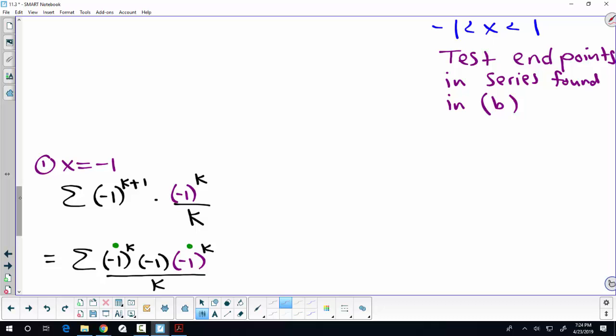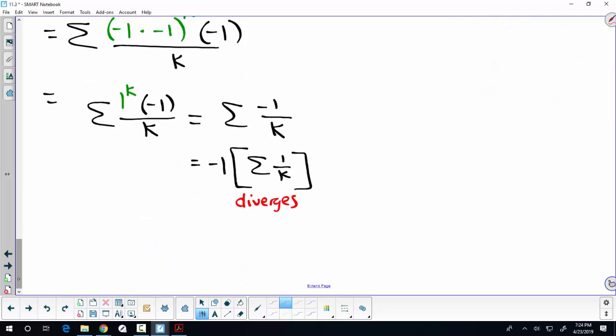It doesn't converge. So the interval is still as it is, nothing's changed. I'll just say here, just so we're clear, exclude x equal to -1 from the interval of convergence. It's kind of redundant to say that because it already is excluded, but when something diverges, we exclude. When it converges, we include.